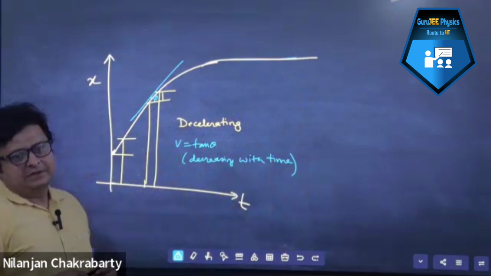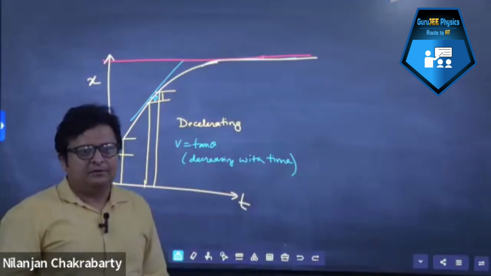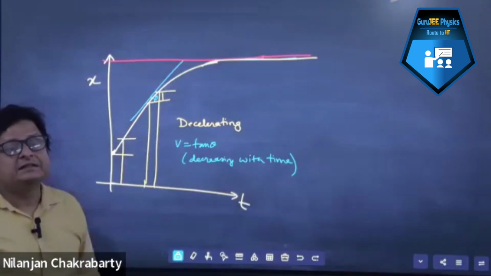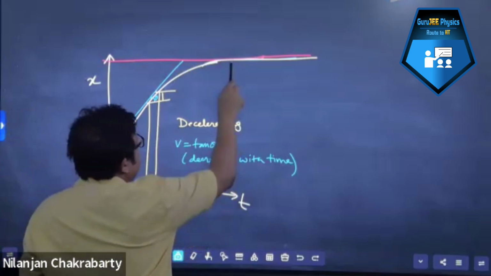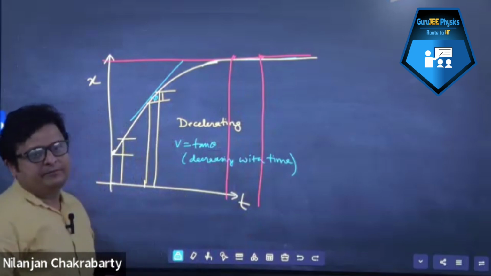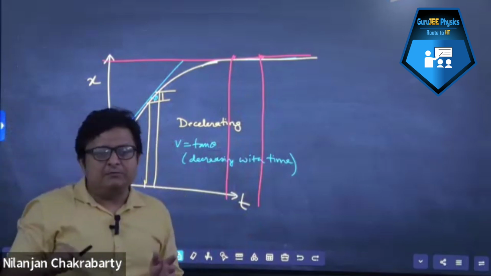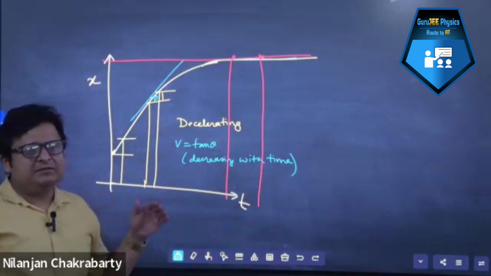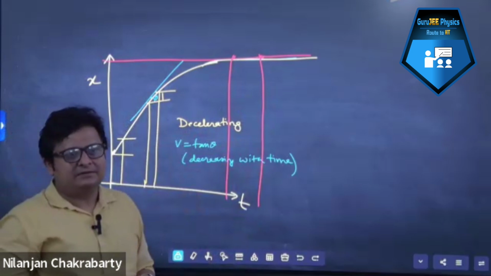Zero. See the slope. What is the angle made by the tangent with the t axis? Zero. As time goes on, x remains the same. That means the particle stops.